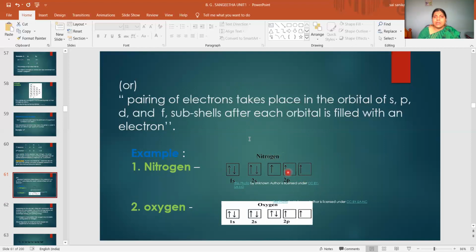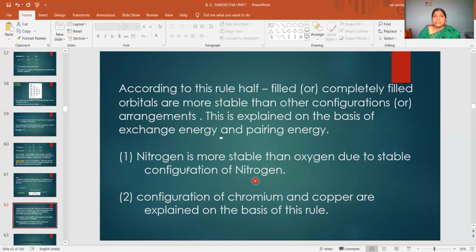Full-filled means two electrons, half-filled means one electron, and this one with two electrons here and one electron there is called incompletely filled. So half-filled orbitals are more stable than incompletely filled orbitals according to this rule. That's why the nitrogen atom is more stable than oxygen, due to its stable configuration.